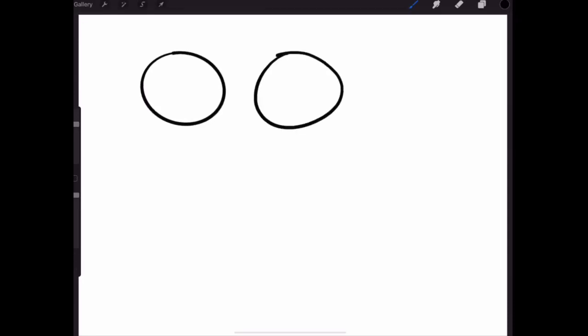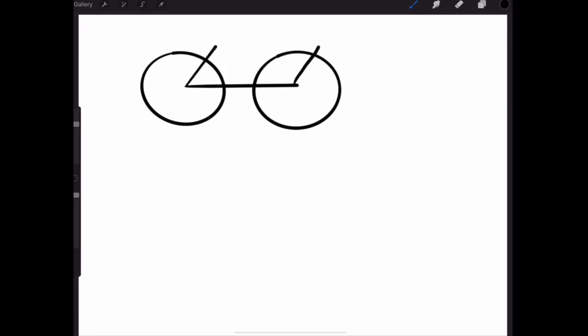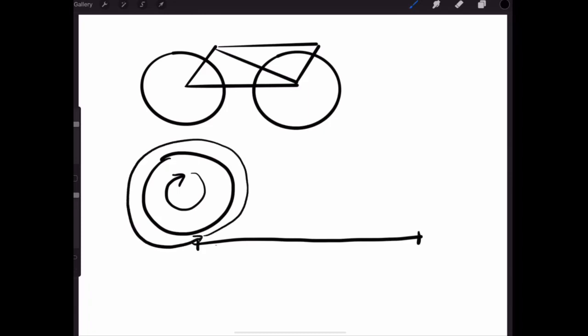Now looking at number 2. Which moves faster and how many times more? Right here, we're going to start with our bike. When one tire revolves, the distance the whole bike travels is equal to the circumference.